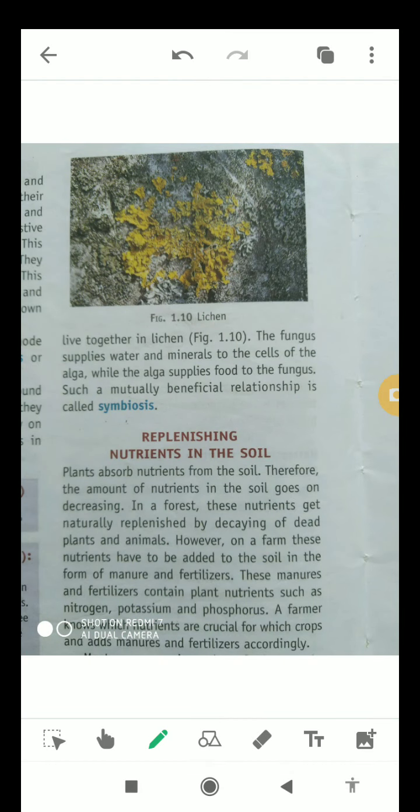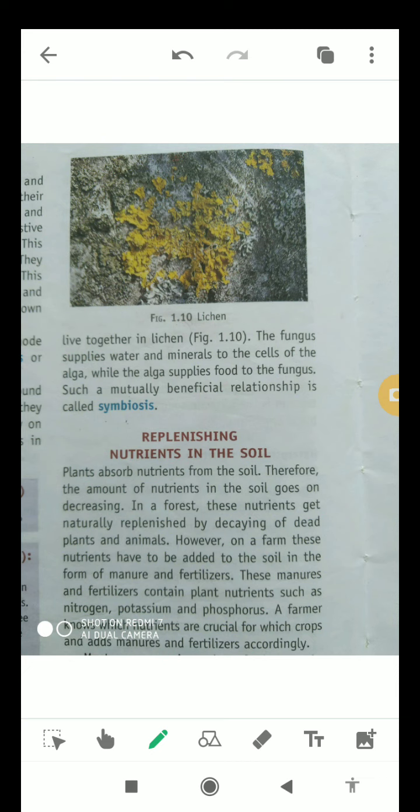In the last topic, I'll tell you how the nutrients are mixed into the soil. As we all know, plants absorb nutrients from the soil with the help of their roots. Therefore, the amount of nutrients in the soil goes on decreasing after some time.